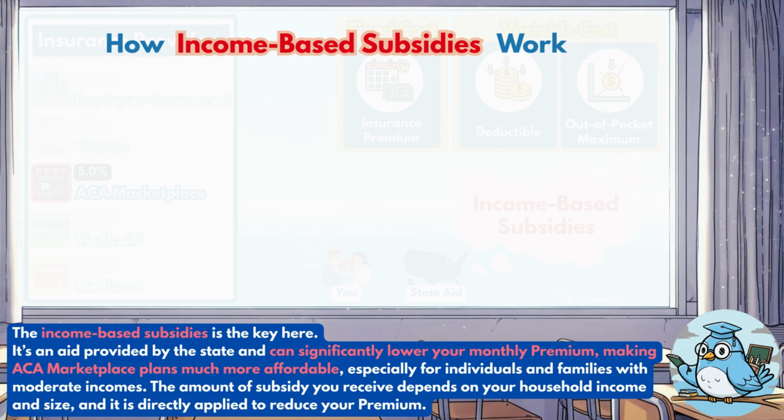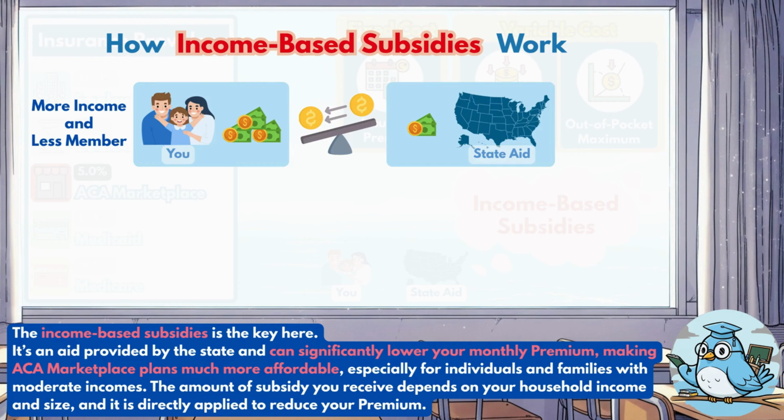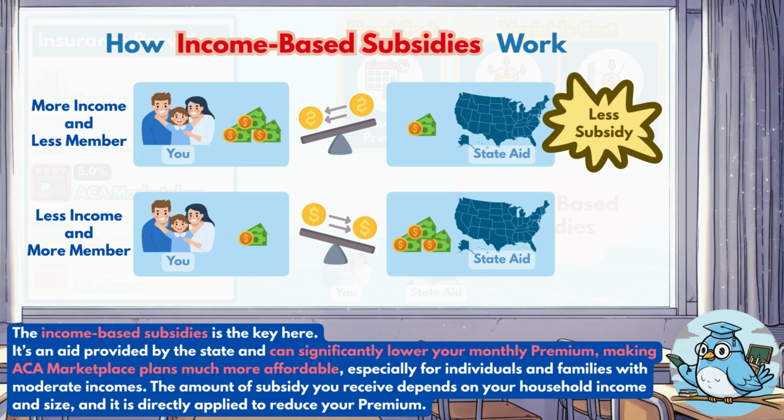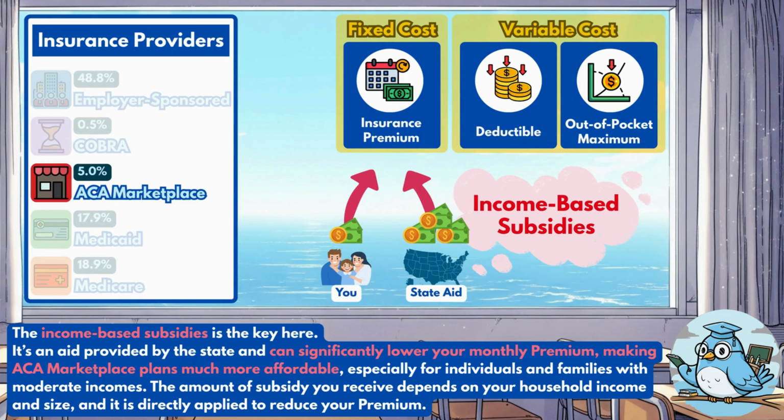The income-based subsidies is the key here. It's an aid provided by the state and can significantly lower your monthly premium, making ACA Marketplace plans much more affordable, especially for individuals and families with moderate incomes. The amount of subsidy you receive depends on your household income and size, and it is directly applied to reduce your premium.